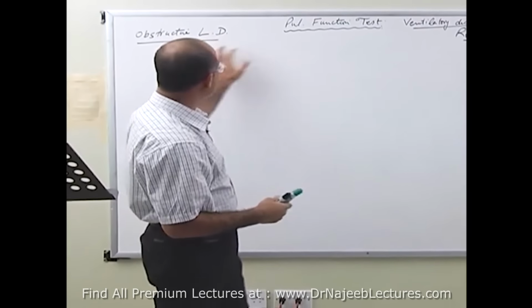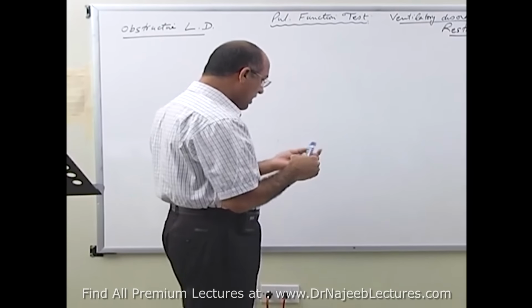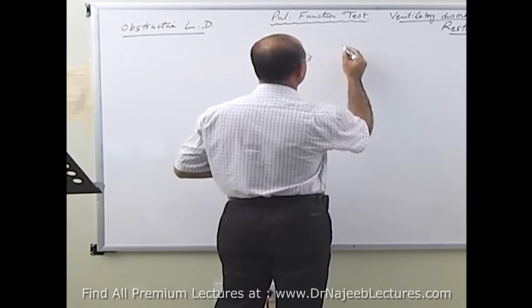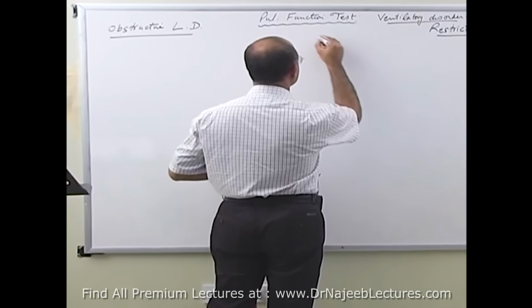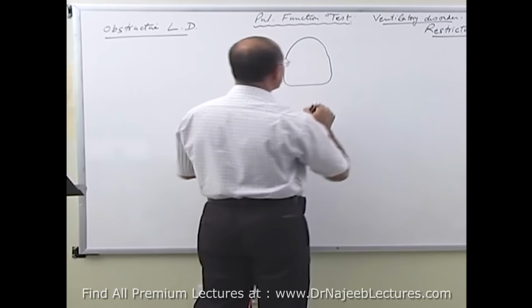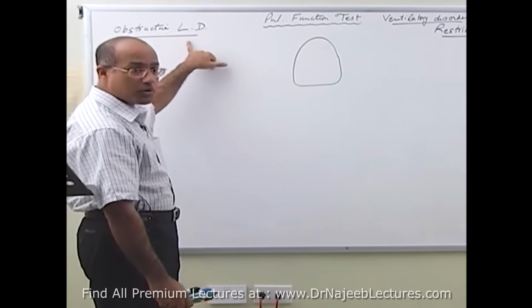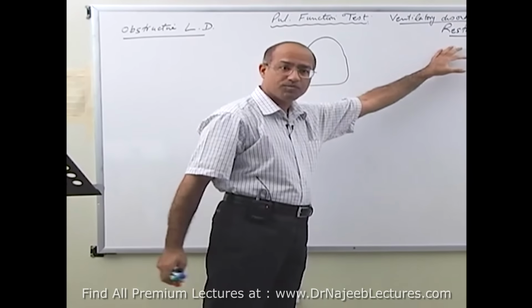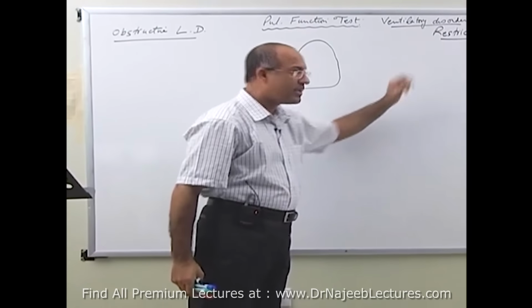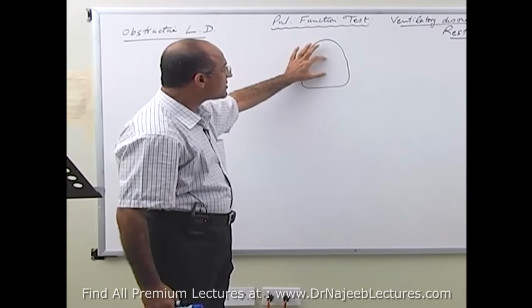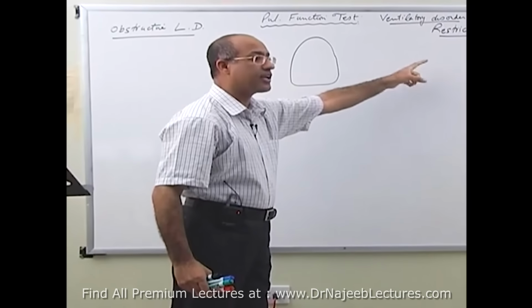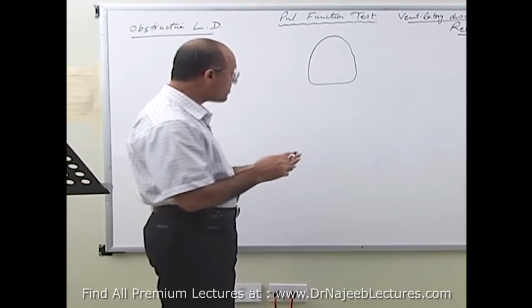But before I really discuss both of them, I will draw a diagram related with the normal lung. Let's suppose this is a healthy person lung, which does not have any obstructive problem and does not have any restrictive problem, right? I will just explain this, then I will draw the diagram in comparison with the normal lung.